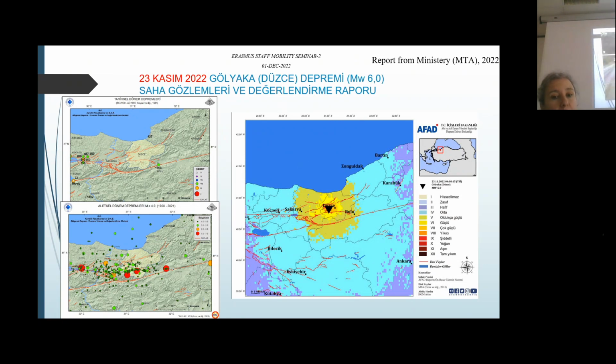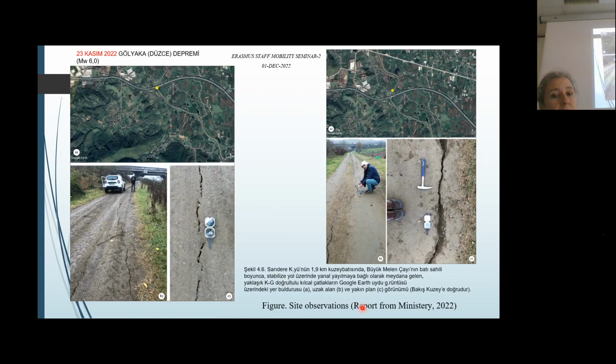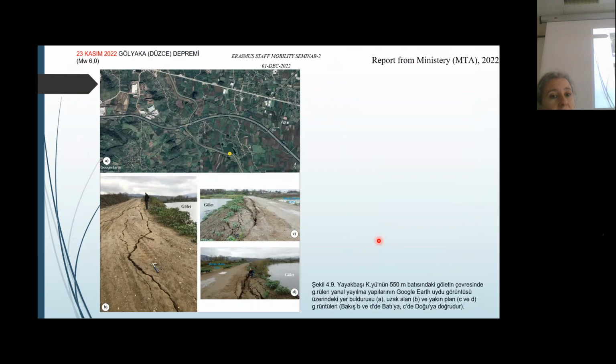And according to the report, there are some site observations regarding the lateral spreading that occurred just recently. They went there, I don't know if they measured it or took some samples or observed in a geotechnical way, because it is the report from the Ministry and they are all related to the geology of the area or the tectonic event.